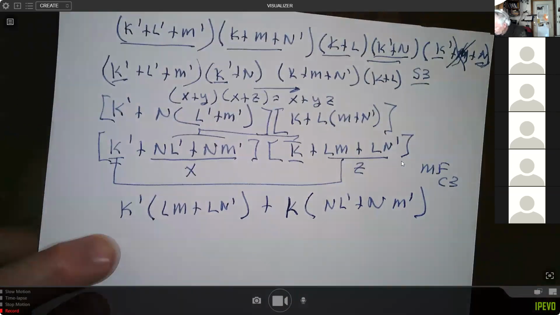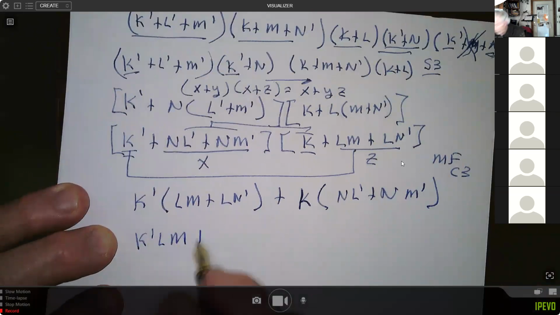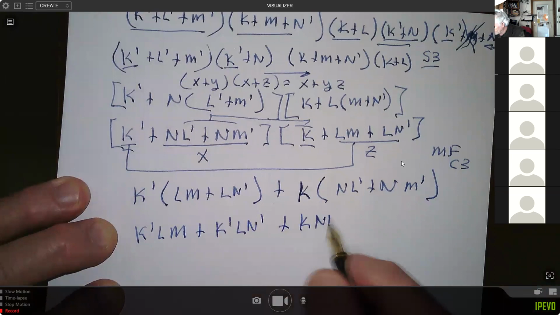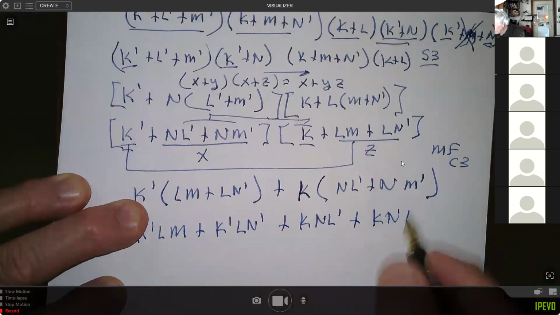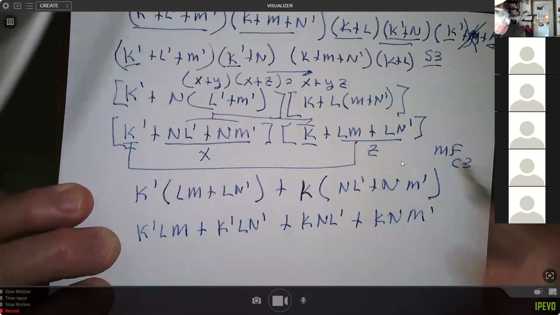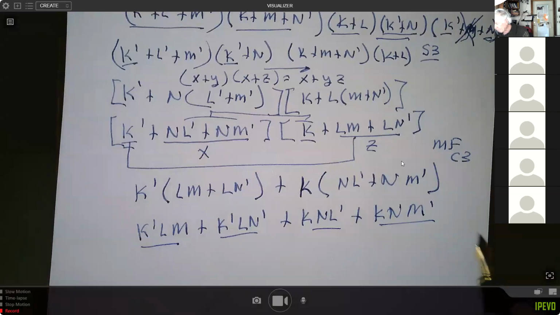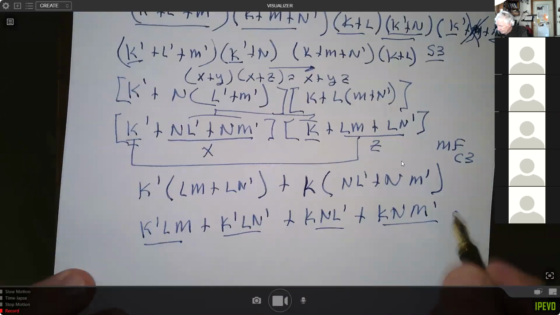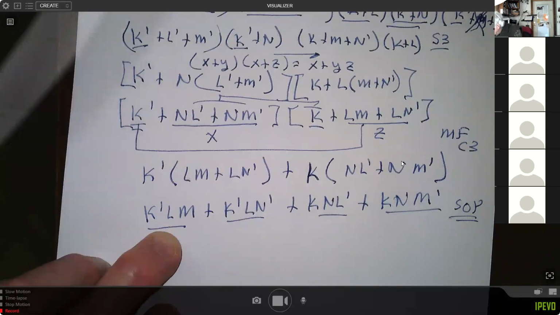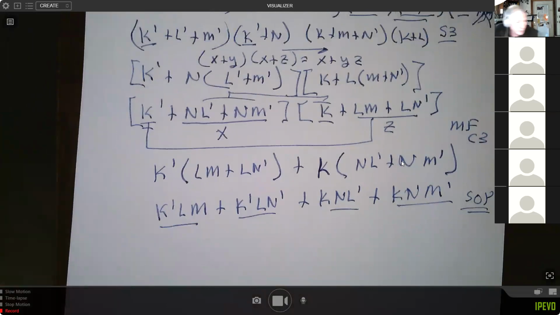All right, and now we can just distribute the K's in, and we get K prime LM plus K prime LN prime plus K NL prime plus K NM prime. And that's what I should have done with the other one. I should have used the multiplying and factoring, and that would have put me in a much better situation. So now we have 1, 2, 3, 4 terms, and it's in SOP form. All right, and I don't think any of these, yeah, this all looks fine. All right, so that's that one.